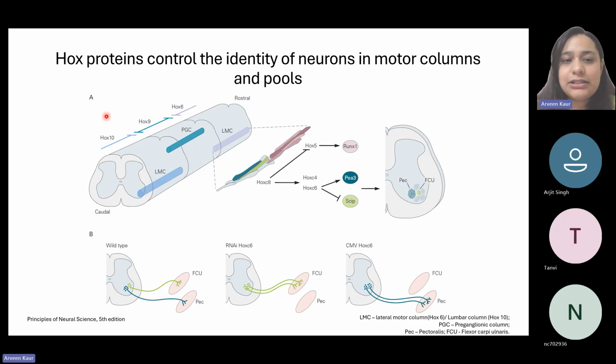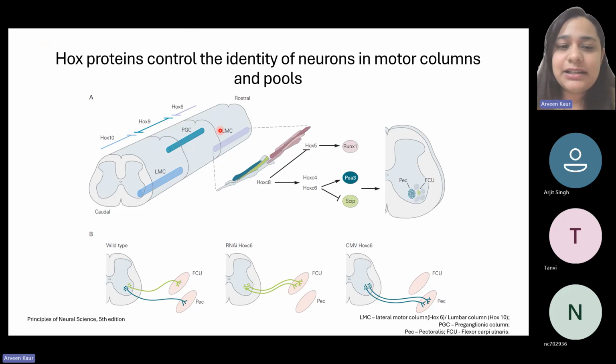Over here, you can see that the Hox proteins control the identity of neurons in the motor columns and pools. This is a region of the spinal cord. This is the rostral region, and this is the caudal region, so this is closer to the head, and this is closer to the tail, or the bottom of our body. From in between, this spinal cord has been cut, and that is represented over here.